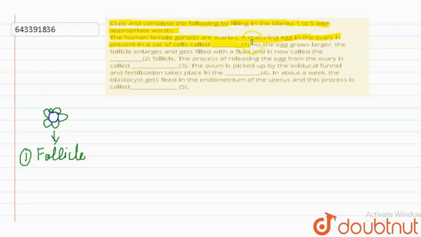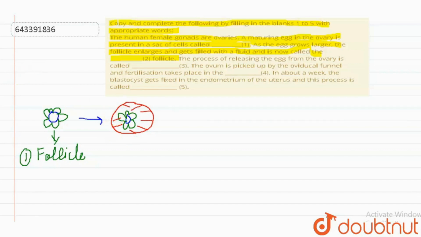Now moving on. As the egg grows larger, the follicle enlarges and gets filled with a fluid and is now called as the dash follicle. Now further, this same egg which is covered by a sac of cells gets covered with another sac of cell or another follicle which contains fluid inside.